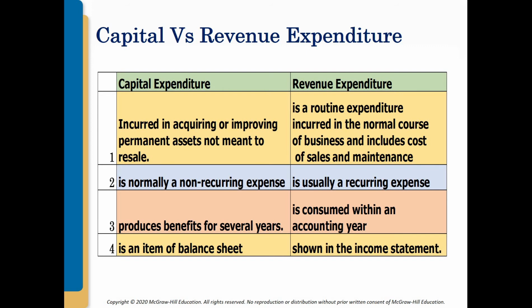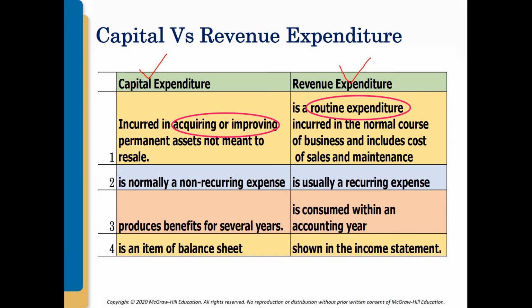The first one is capital expenditure: to acquire or improve permanent assets that are not meant to resell. And then revenue expenditure is a routine expenditure incurred in the normal course of business and includes cost of sales and maintenance.